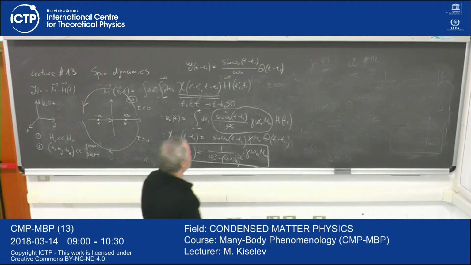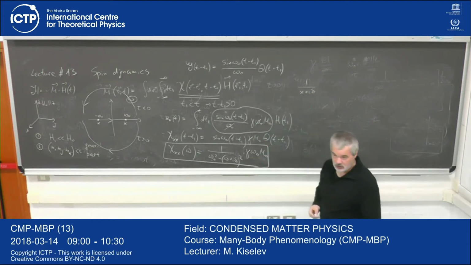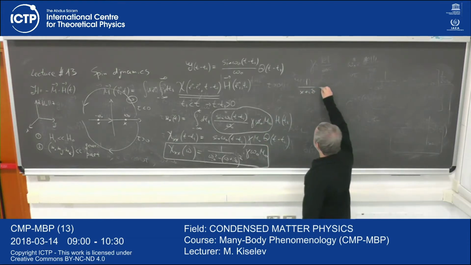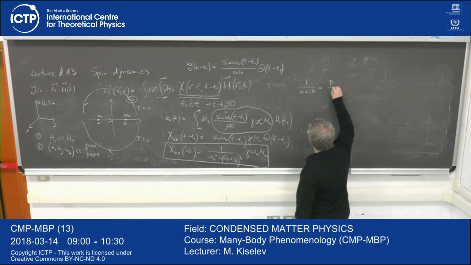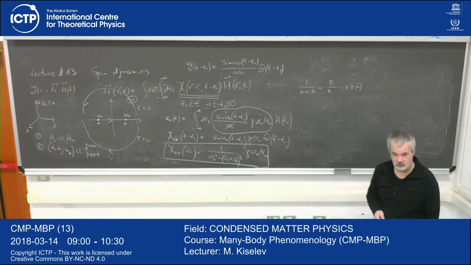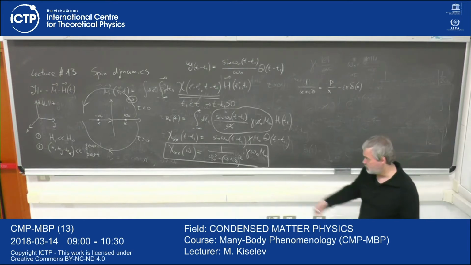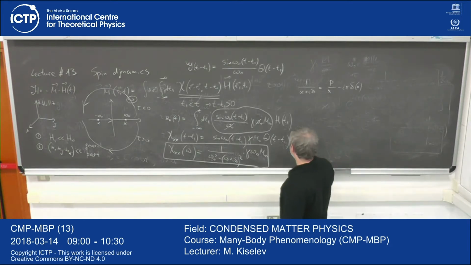So I remind you that if we discuss x plus i delta, this expression is understood as the principal value of 1 over x, minus i pi delta function of x. So it has a real part and it has an imaginary part.